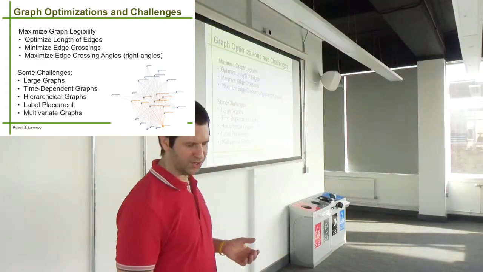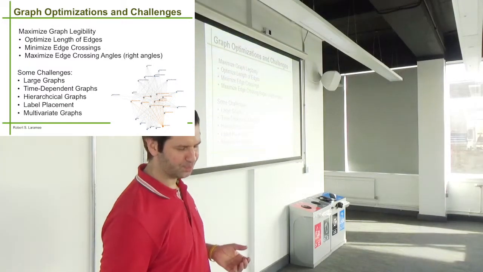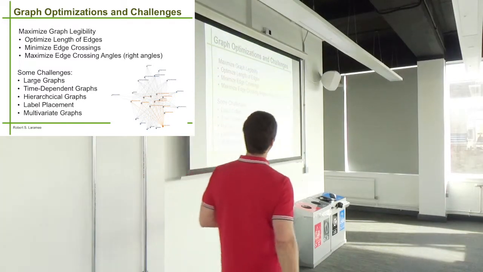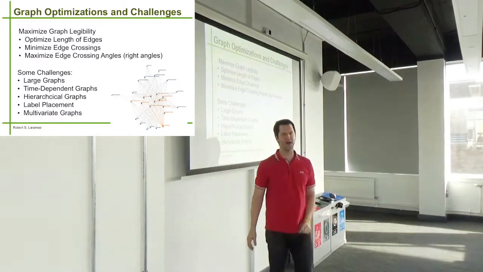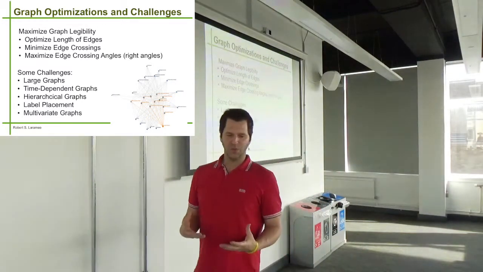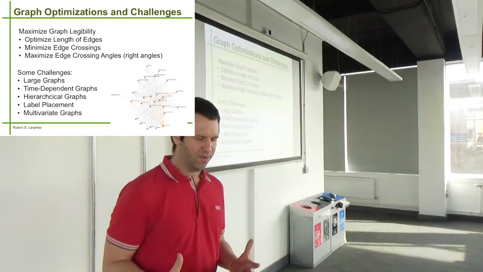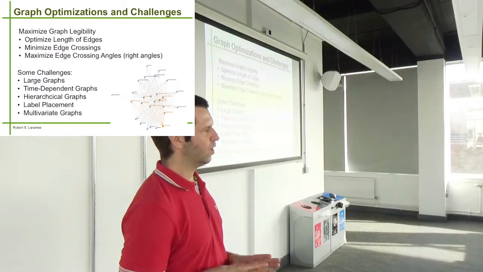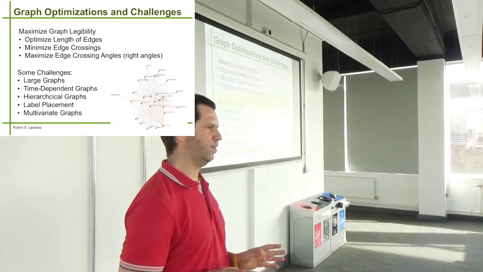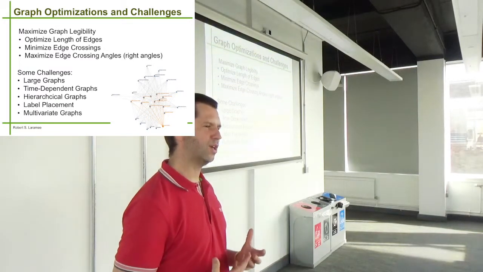So here's a sample graph, by the way. And you can imagine trying to optimize some of the properties of these graphs. So when you're designing a graph, you have basically 3 objectives. There are others, but the 3 big ones are here.